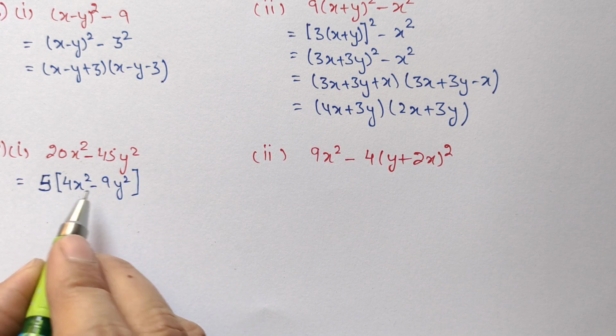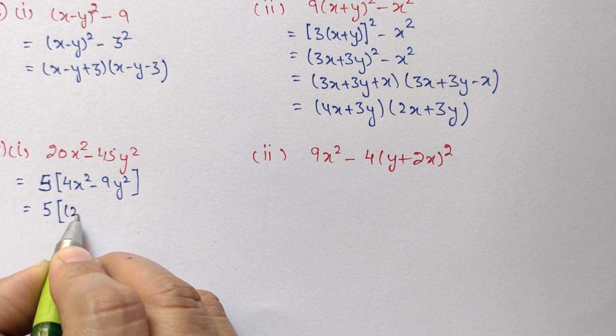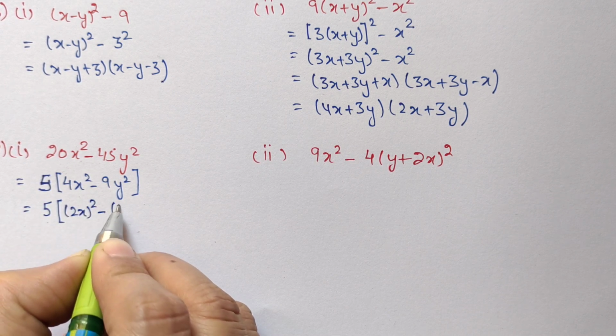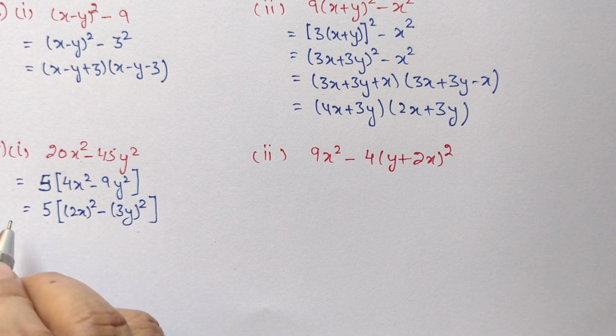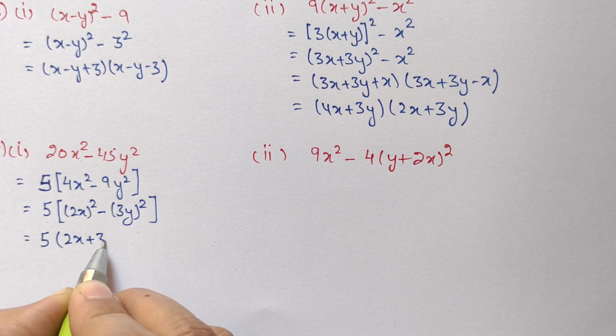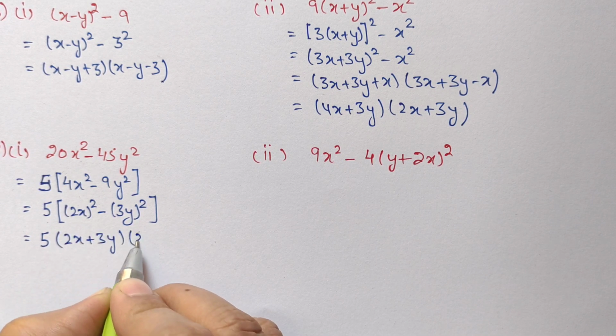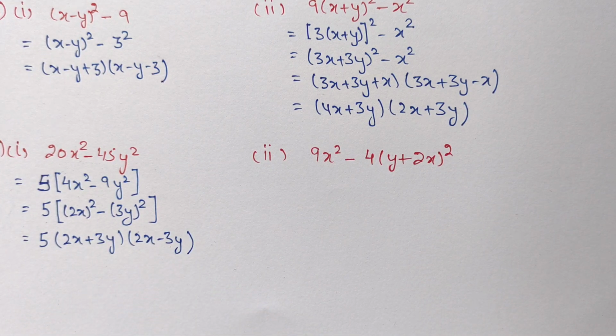Now 4 and 9 we have to write in the square form. This we can write as (2x) whole square and this one (3y) whole square. So a square minus b square, now we will use the identity. a plus b is 2x plus 3y and a minus b is 2x minus 3y.